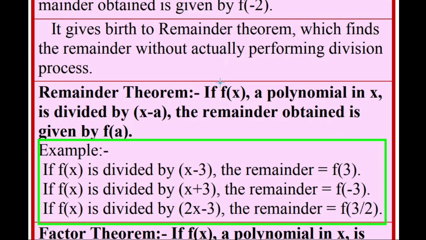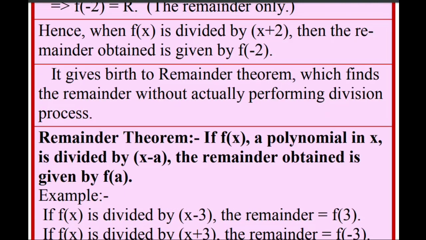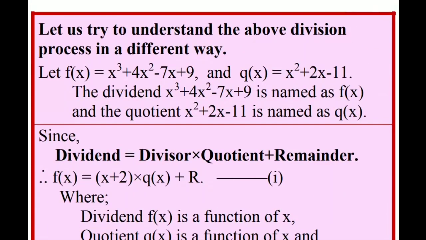And this we can easily understand from the above expression or equation, and that equation is here. That is, f(x) is equal to (x plus 2) multiplied by q(x) plus r.